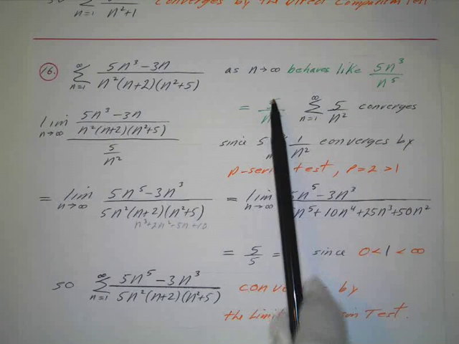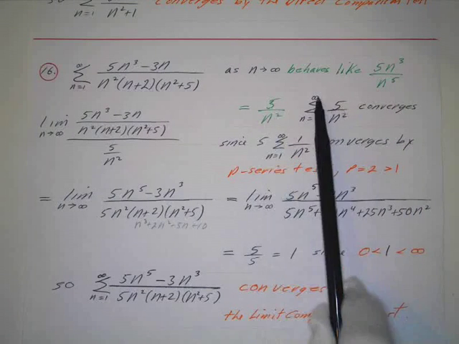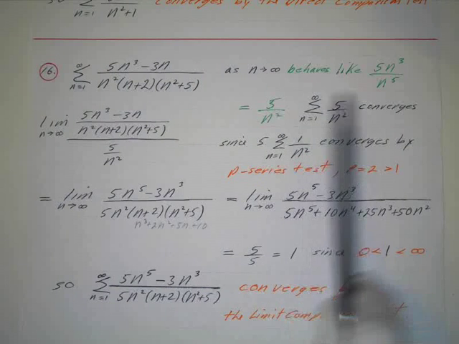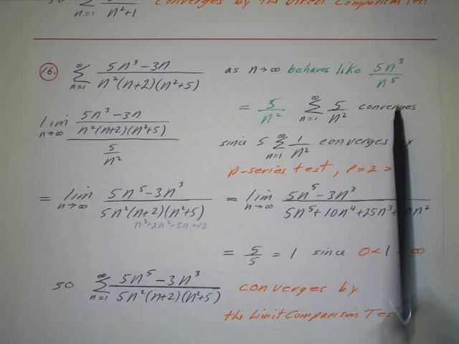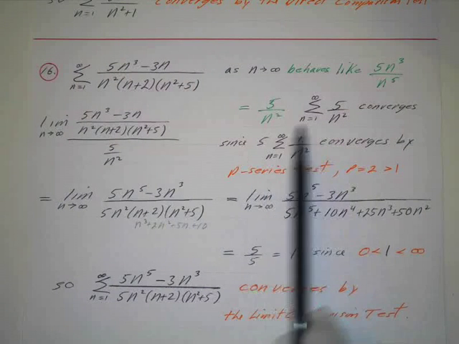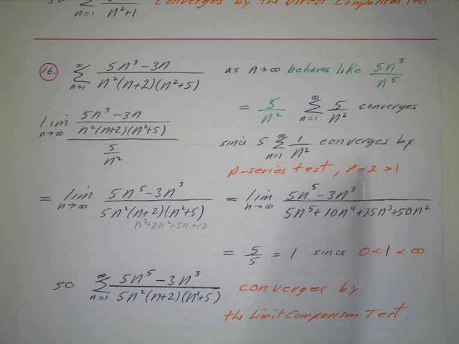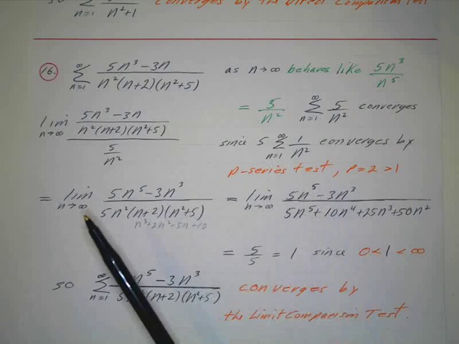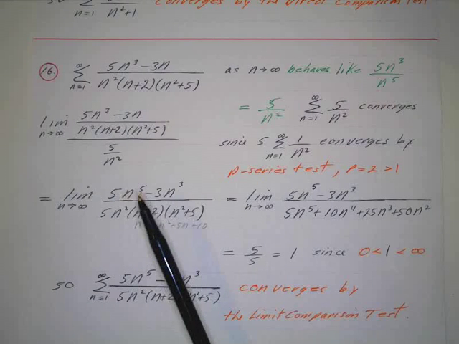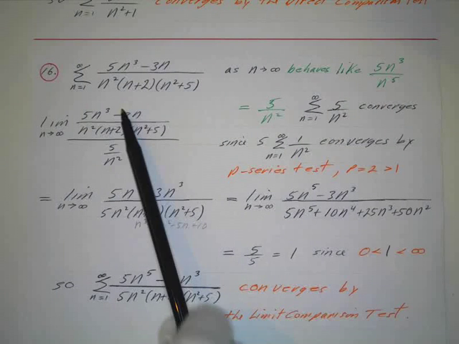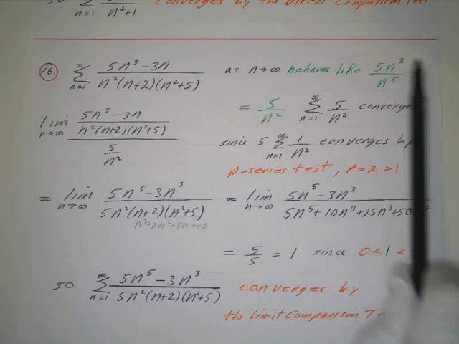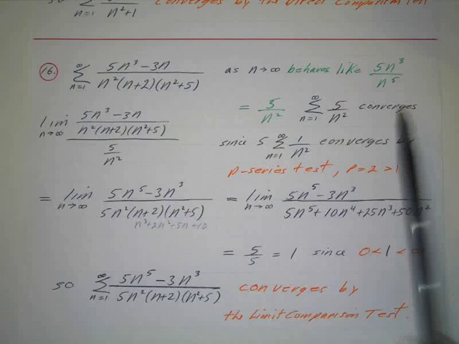Okay, and I know that this expression, which I can write as this series, converges. I can take the 5 out in front, and the 1 over n squared converges by the p-series test, because p is equal to 2. So I can use this as a comparison. Let's see if these two series behave the same.